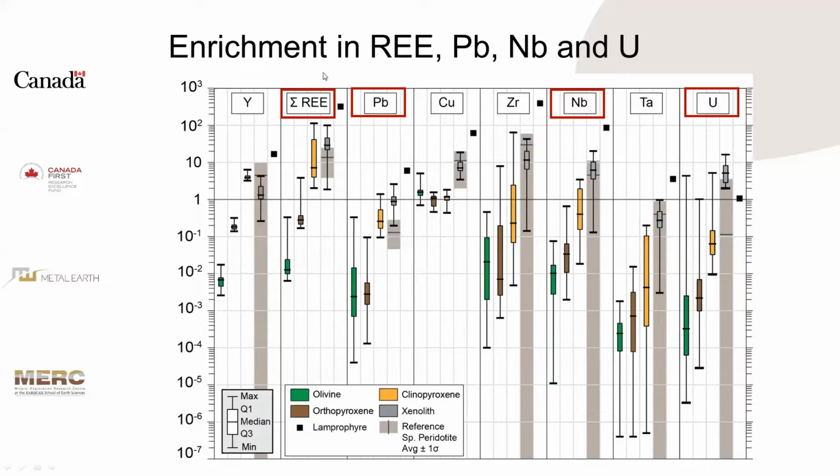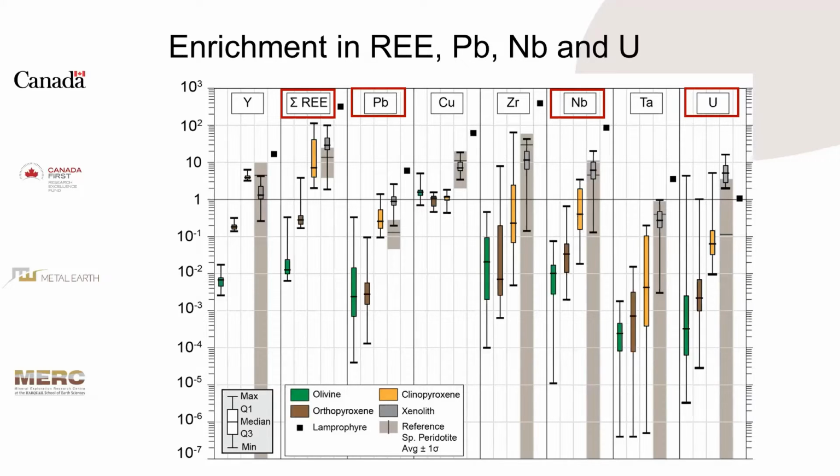So you can see that for the sum of rare earth elements, lead, niobium, and uranium were above what would be expected for this kind of samples. So we do have a reservoir that is created by this metasomatism that is induced by this event at 1.1 billion years, which would be the Mid-Continental Rift event.